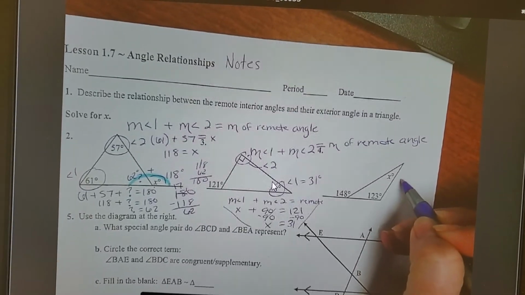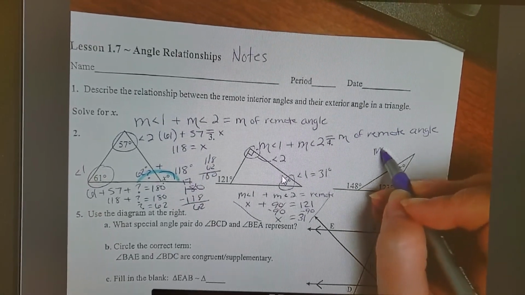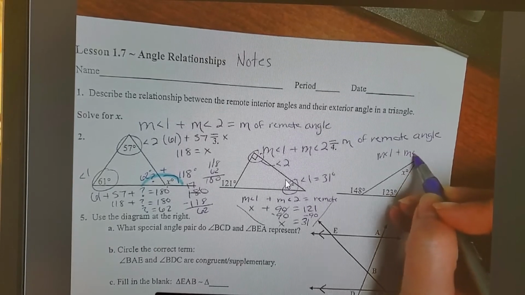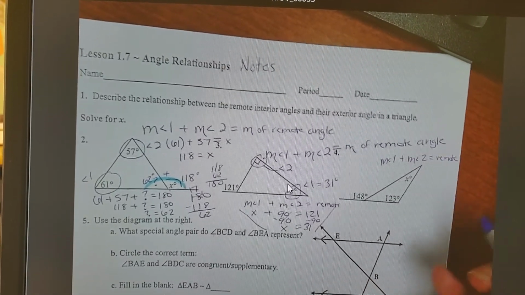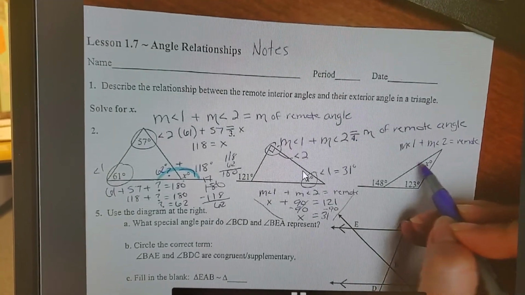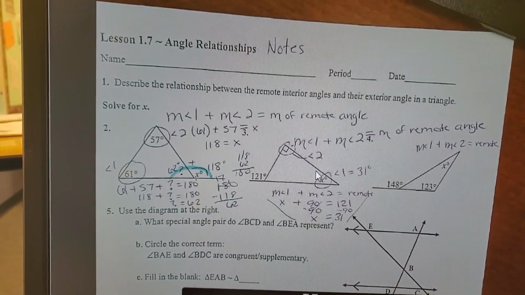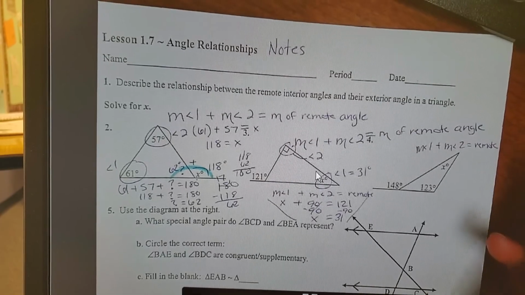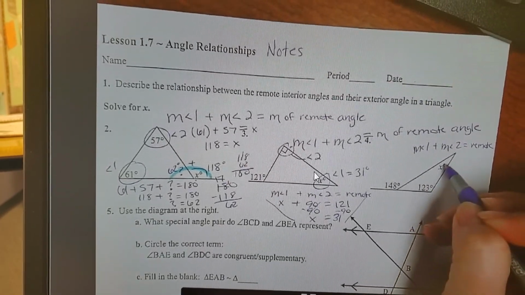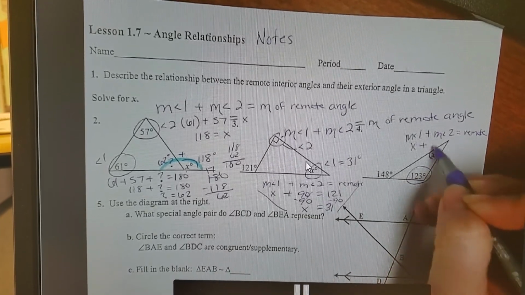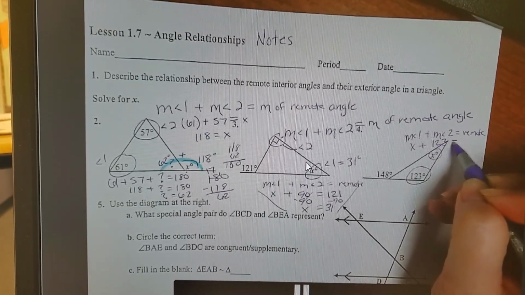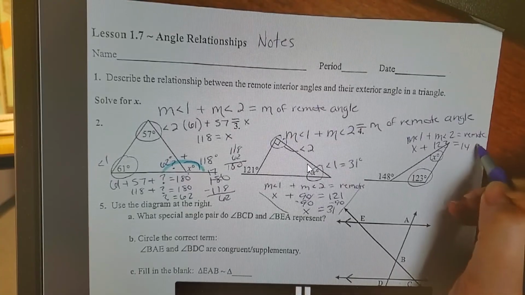So let's see if you can try number 4 all by yourself. Again, using the same formula, the measure of angle 1 plus the measure of angle 2 equals the remote angle. If you tried that out, I did x plus 123 equals 148.